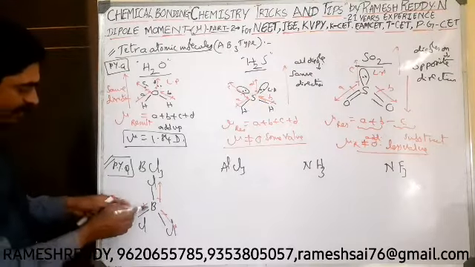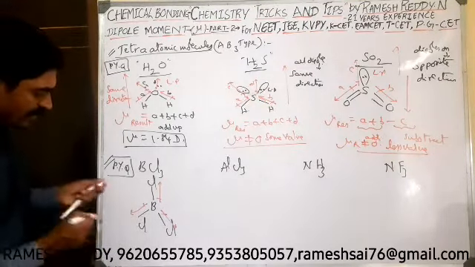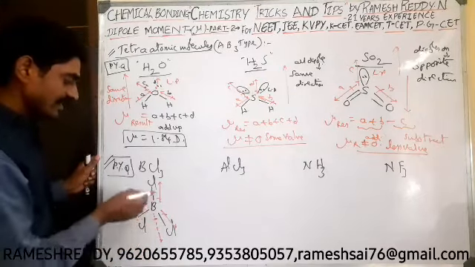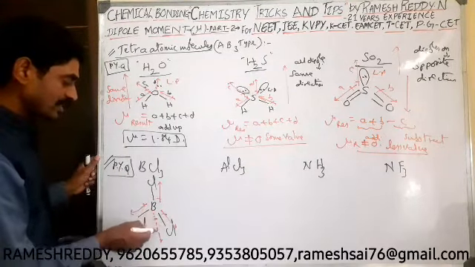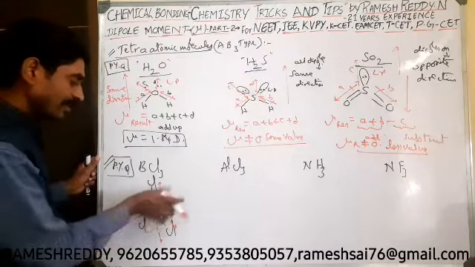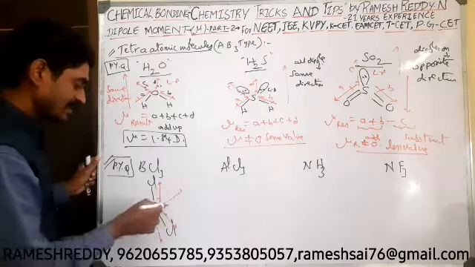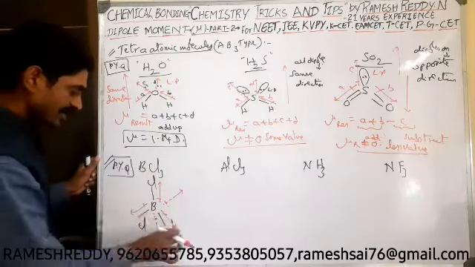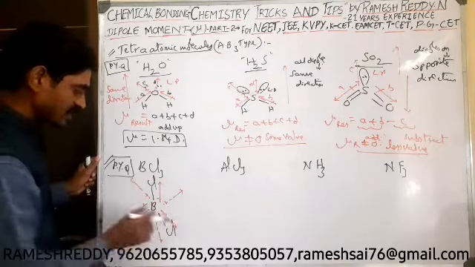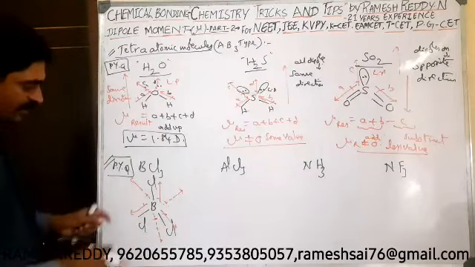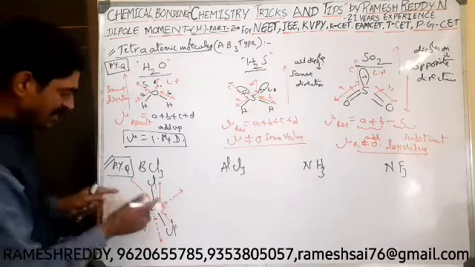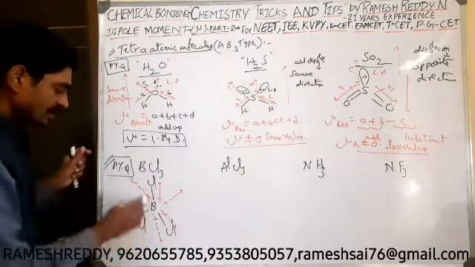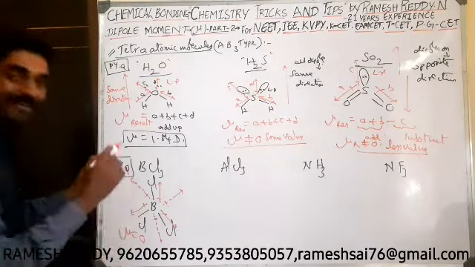The dipole moment of these two in this direction is cancelled by this one, since they are opposite. The same for the other pairs: each is cancelled by the remaining one. Got it, my dear student? So the resultant dipole moment is 0.